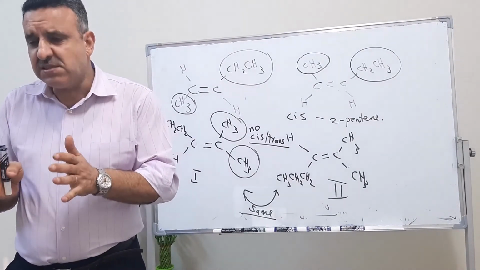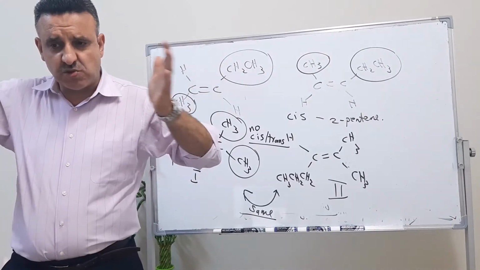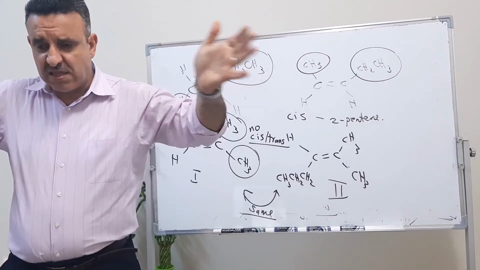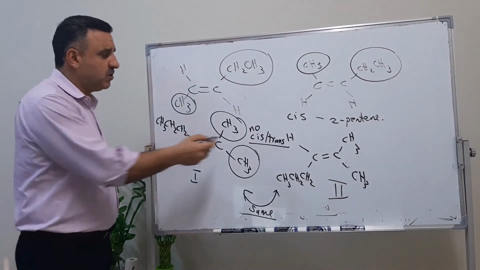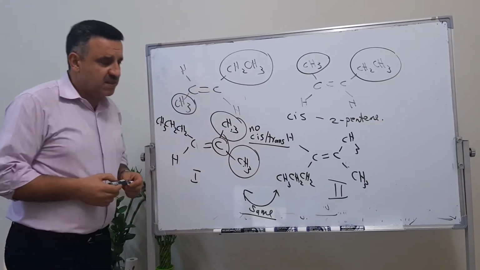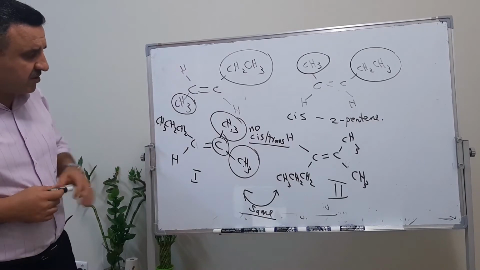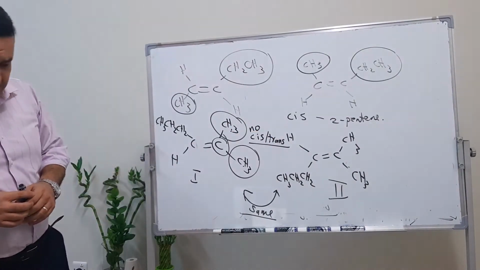So for cis-trans isomerism, if we have different groups attached to the two carbons, we should expect to have cis-trans. But if we have two identical groups attached to the same carbon of the double bond, then we should expect no cis-trans.